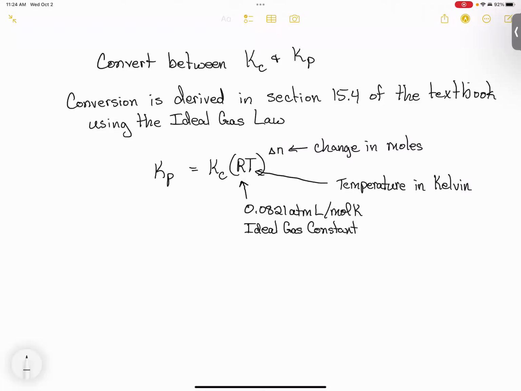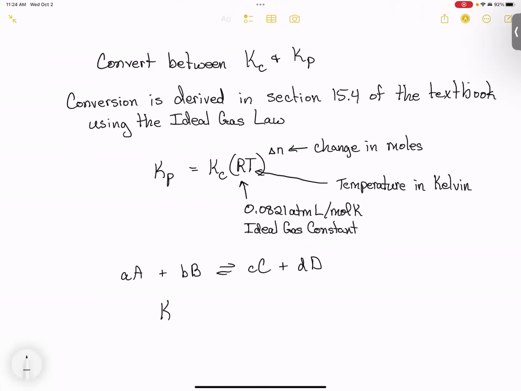Let me use the generic reaction again of aA plus bB goes to form cC plus dD to illustrate the change in moles.